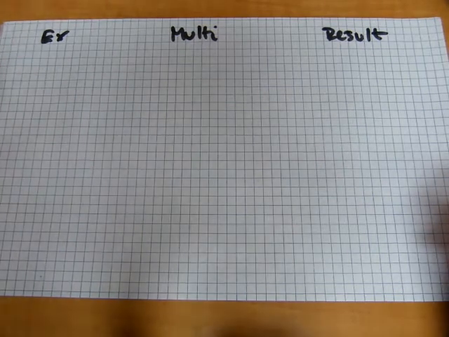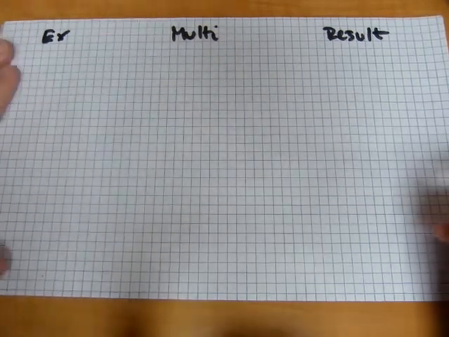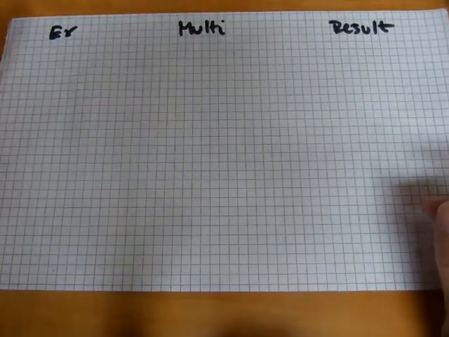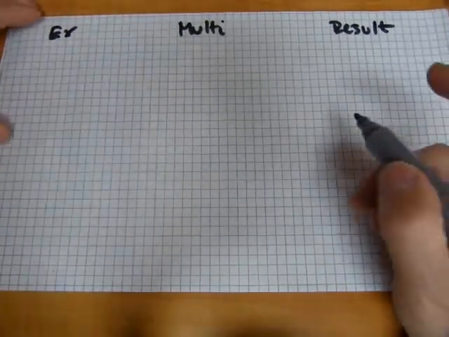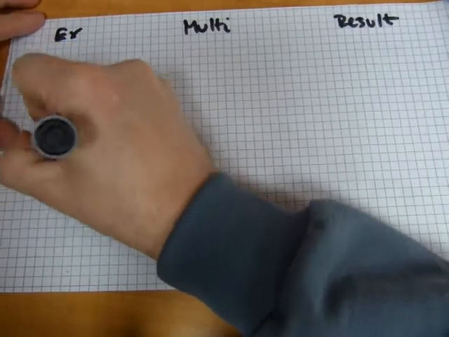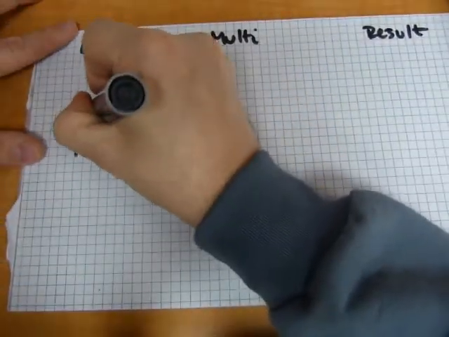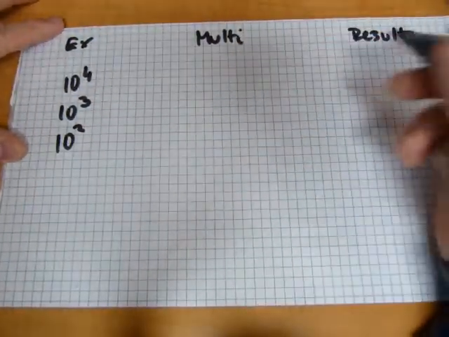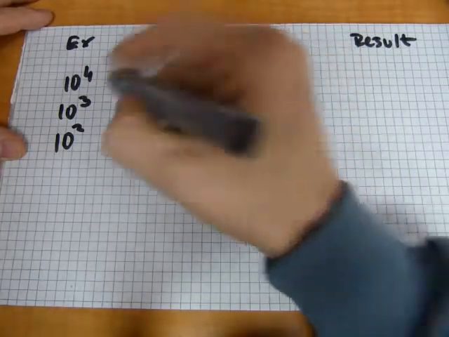Powers of 10 are necessary for scientific notation, because they are the basis for it. So very quickly, 10 squared, 10 cubed, that's a 3, and 10 to the power of 4.